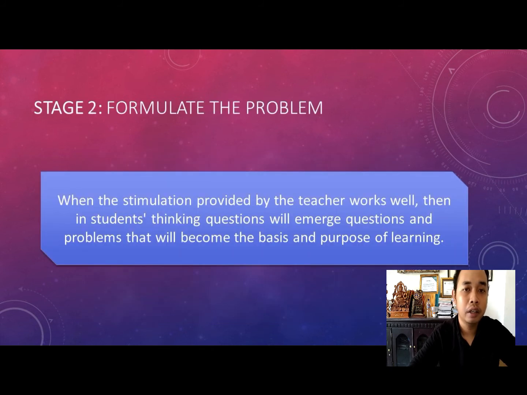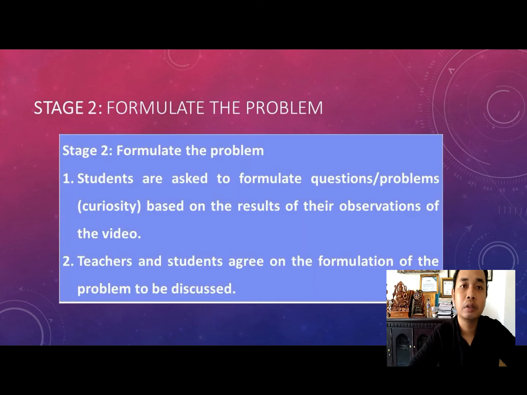After that, we enter stage 2. In stage 2, the students need to formulate questions as a group. The questions should be related to the video after they do some observation.